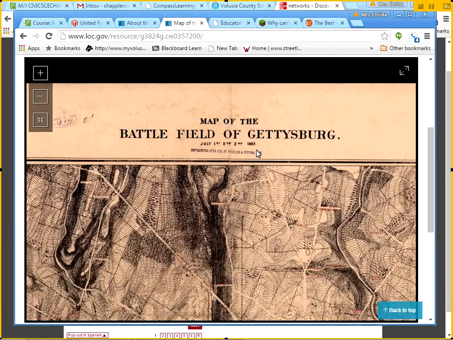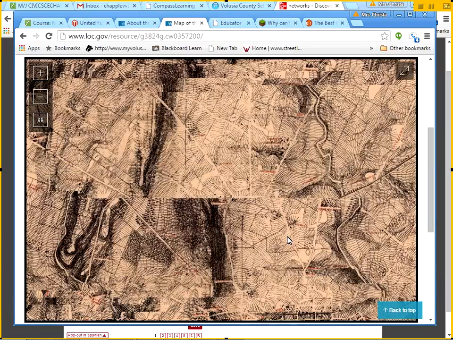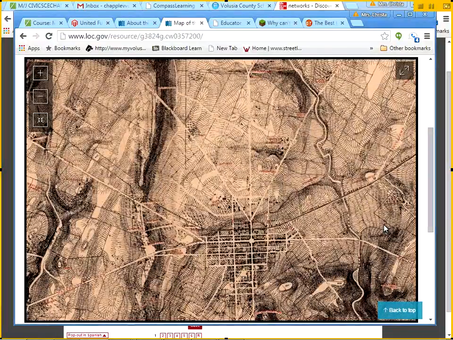I happen to know because I'm a big fan of the Civil War, or not a big fan, I shouldn't say that. I like learning about the Civil War. So in 1863, the Civil War was still going on. All right, so this was made during the war, after the Gettysburg, I imagine, if they're making the map about it, right?